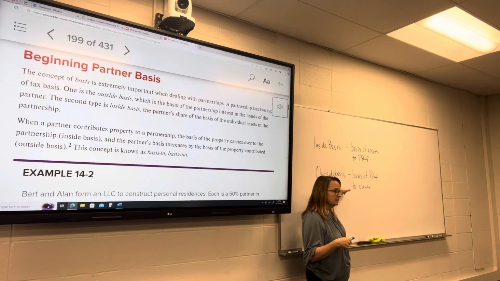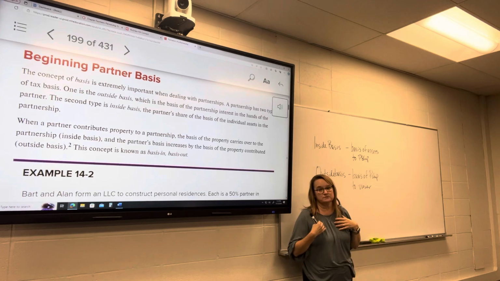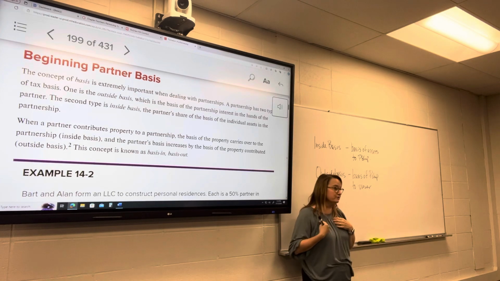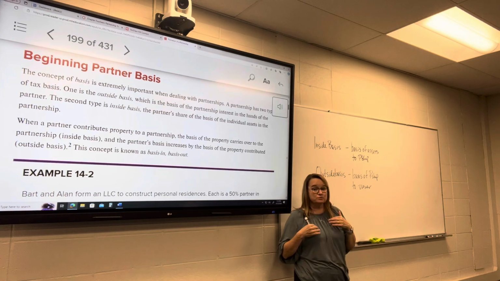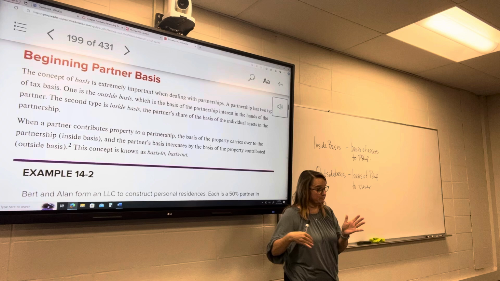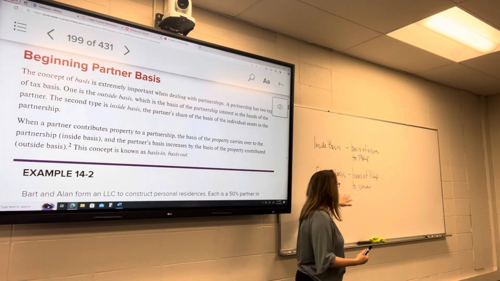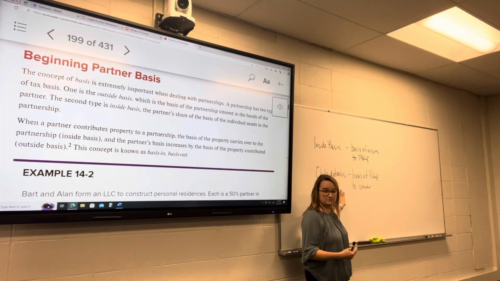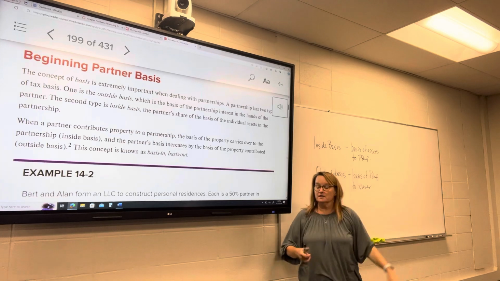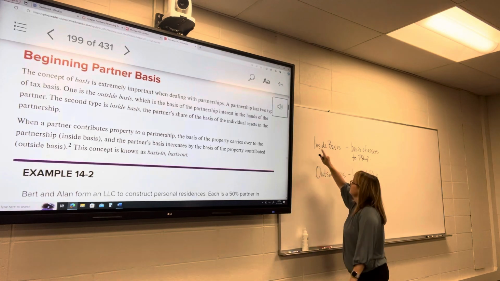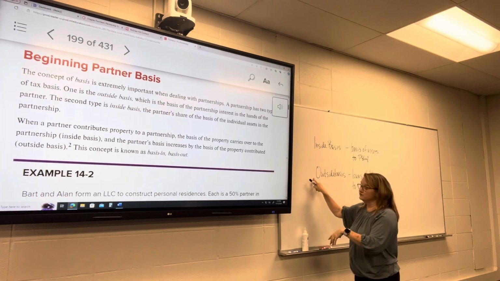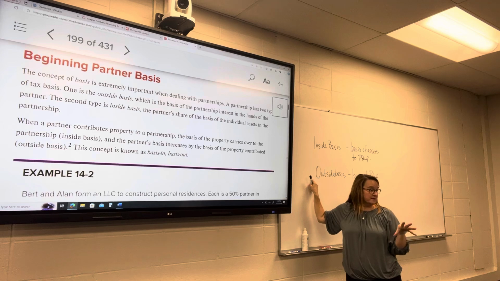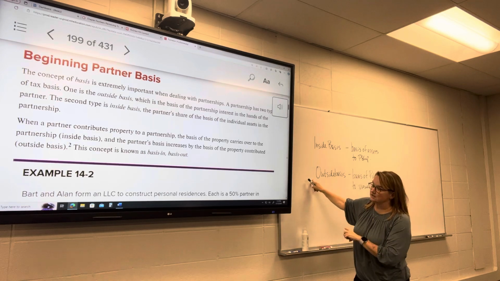Whereas for my own personal gains and losses, and whether or not I get to claim any losses when my partnership experiences losses, that's going to be based on my outside basis. Okay, so you think of it as this is the partnership's basis in all their assets. This is the partner and their basis in the partnership itself.